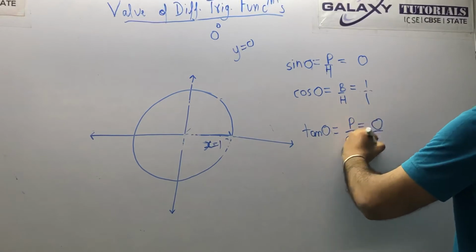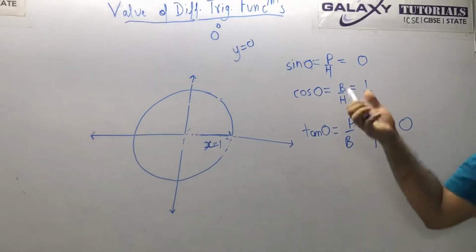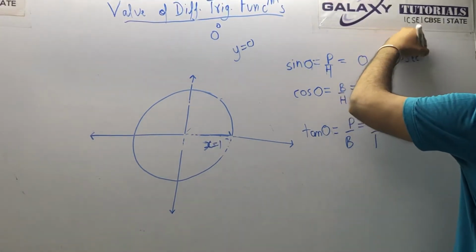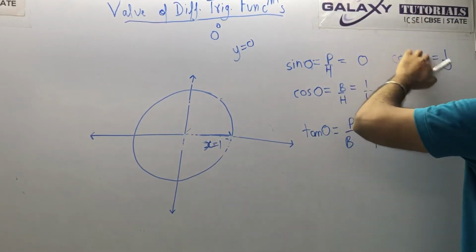Base is 1. 0 upon 1 is 0. So these are the values of sine, cos and tan at the angle of 0 degrees. The rest of the values are simply the inverse. Cosec 0, oh sorry.